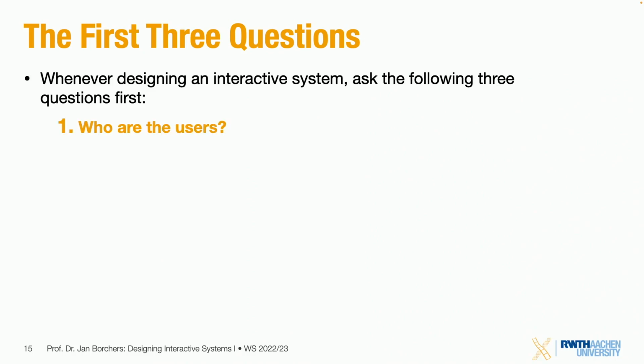The question is, who am I designing for? Who are my users for the system? It can't be everybody, because designing for everybody is really hard. Sometimes it's being done, right? But even smartphones aren't for everybody. They're for a particular large part of the population, but there's lots of people who can't really use a smartphone well because, beyond a certain age, for example, your fingers get too dry to use capacitive touchscreens properly.